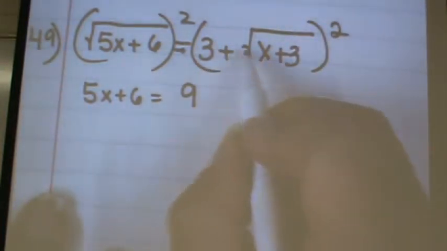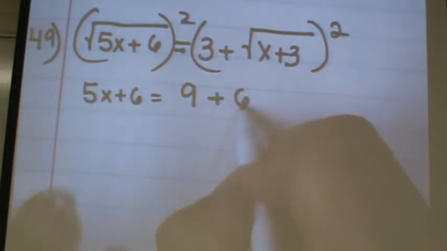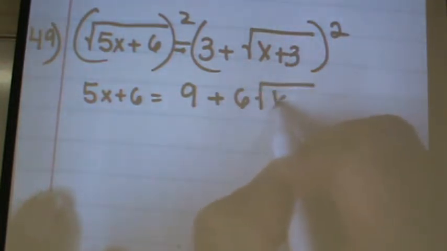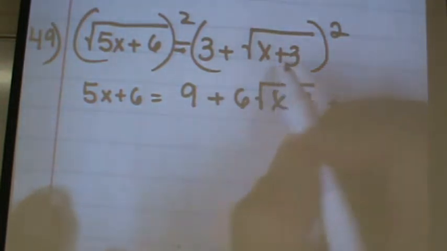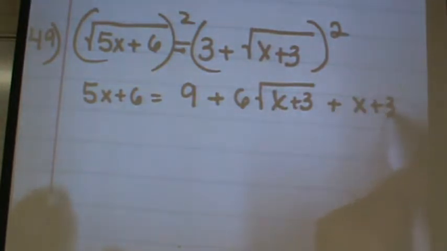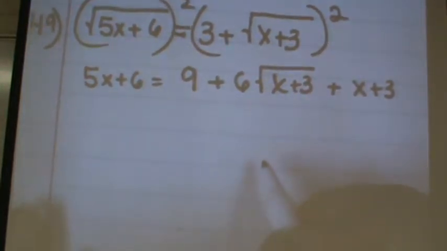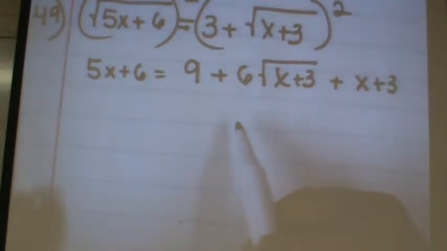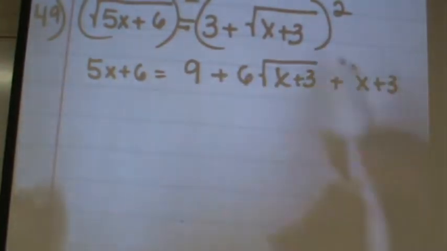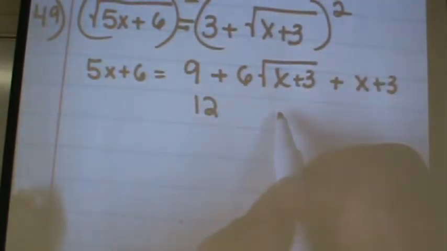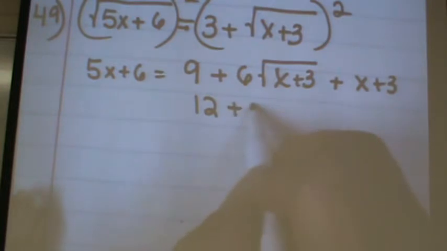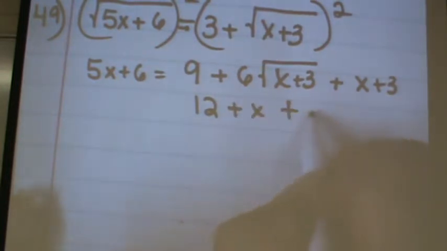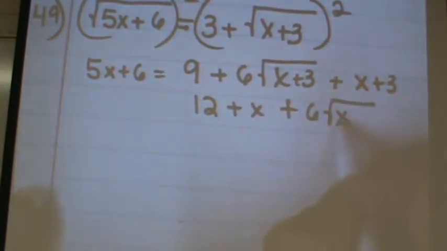You multiply these two together times 2, so 6 root x plus 3, and then square the last term. You get x plus 3 without a radical. Now add your like terms, and we have 9 and 3 is 12. And we have our plus x, and then plus 6 root x plus 3.